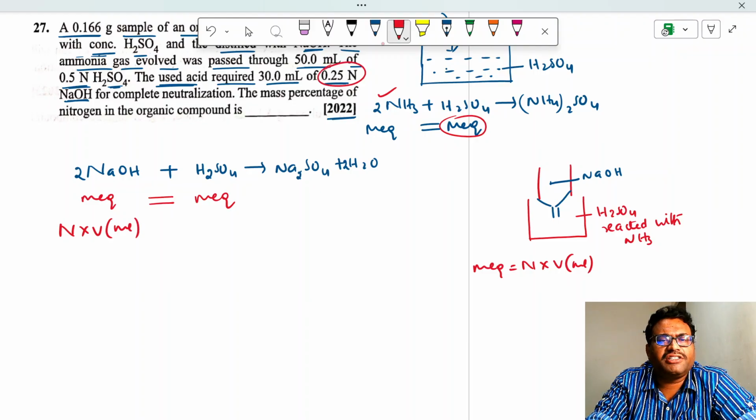Here normality is given as 0.25, and volume is 30 ml.